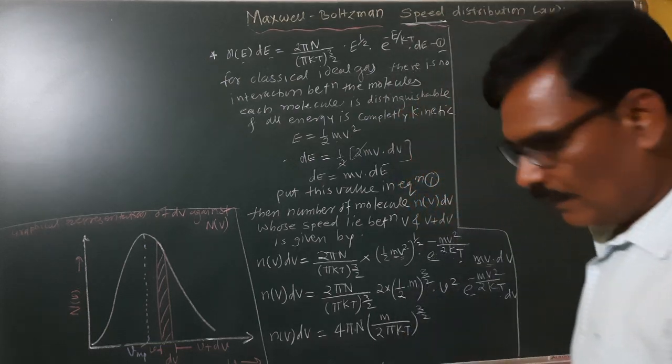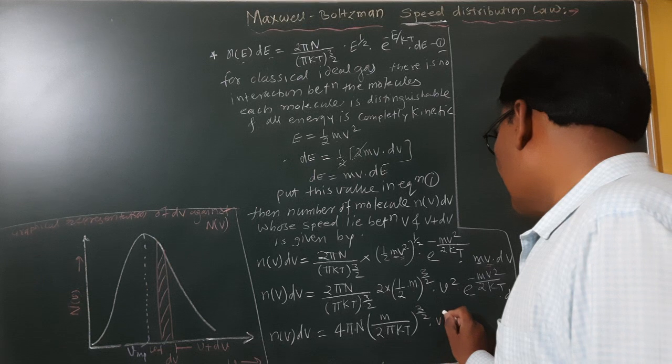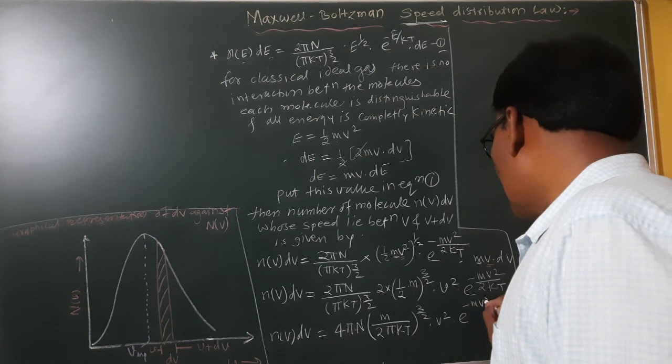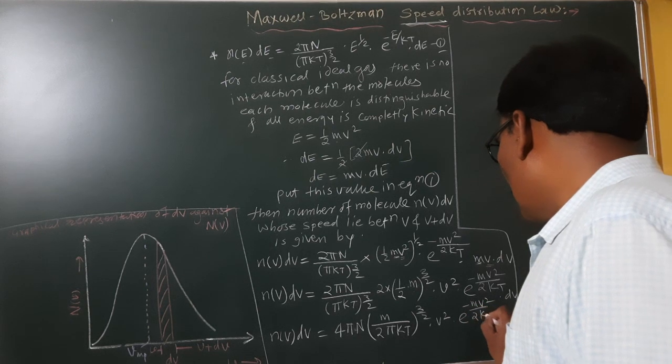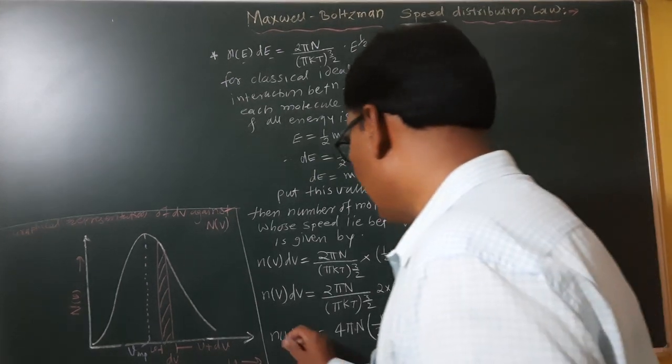Am I right? m upon 2 pi k t raised to 3 by 2 into v square into e raised to minus m v square divided by 2 k t into dV, and this is the final expression.